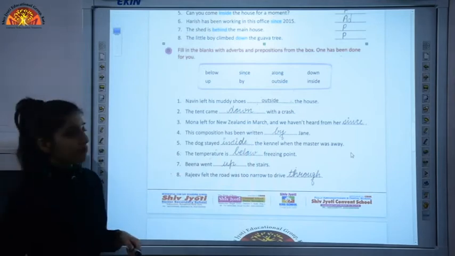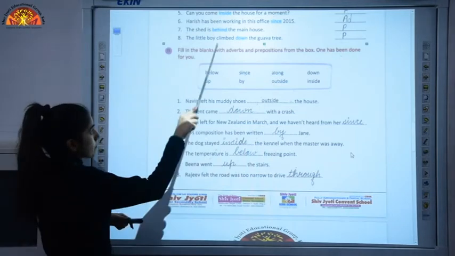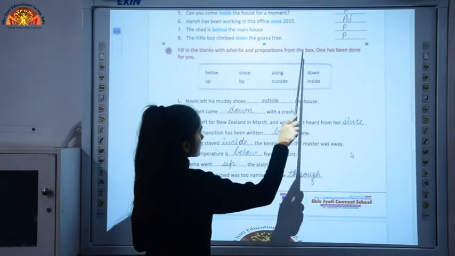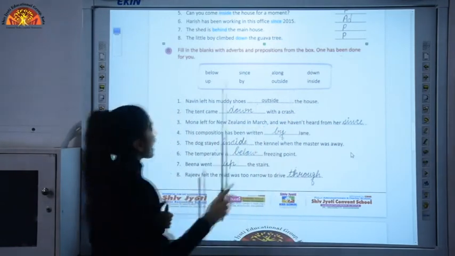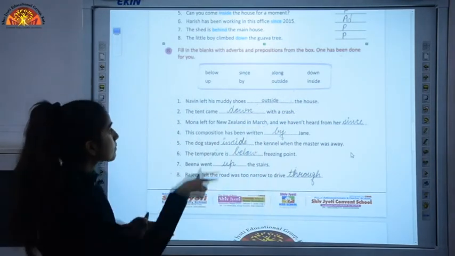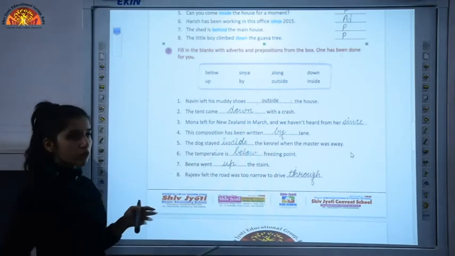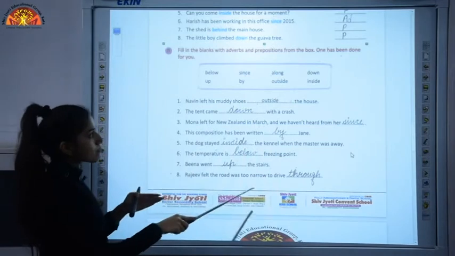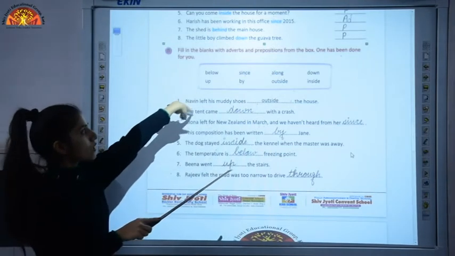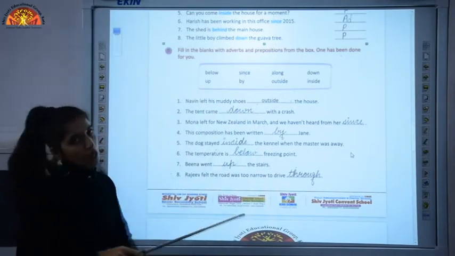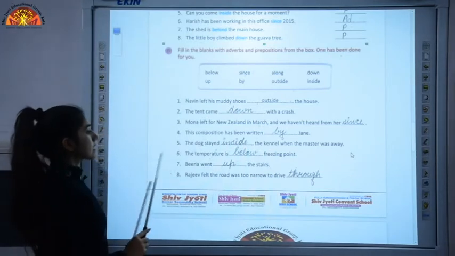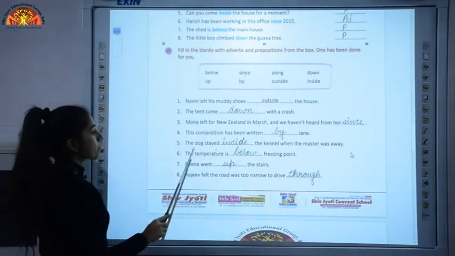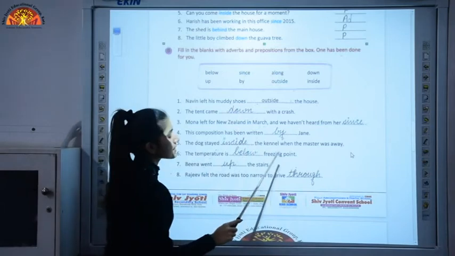That's B1. Fill in the blanks with adverbs and prepositions from the box. You are given some adverbs or prepositions in this box, and you have to fill these blanks with these words. Okay. So let's take the sixth one. The temperature is dash freezing point.